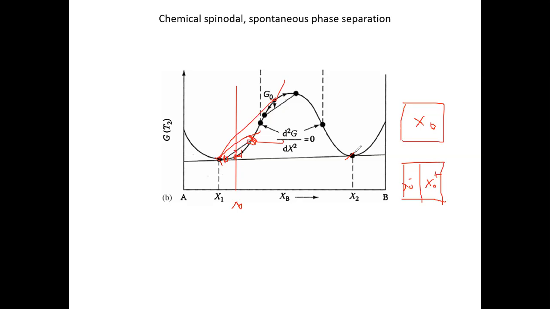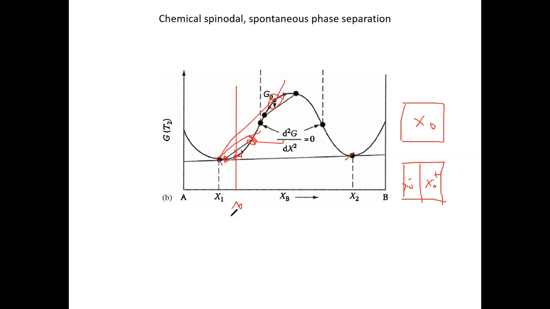However, whether the system can actually complete this demixing or phase separation critically depends on where your X naught is. If we choose X naught to be here, it only feels driving forces. There's no barrier at all. You keep on decreasing the free energy and completely do the demixing.